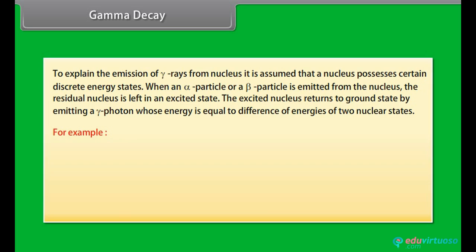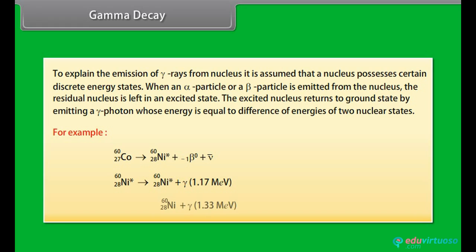For example, cobalt nucleus with mass number 60 and atomic number 27 transforms into nickel nucleus with mass number 60 and atomic number 28 in its excited state. The excited nickel nucleus returns to ground state by emission of two successive gamma photons of energies 1.17 MeV and 1.33 MeV.